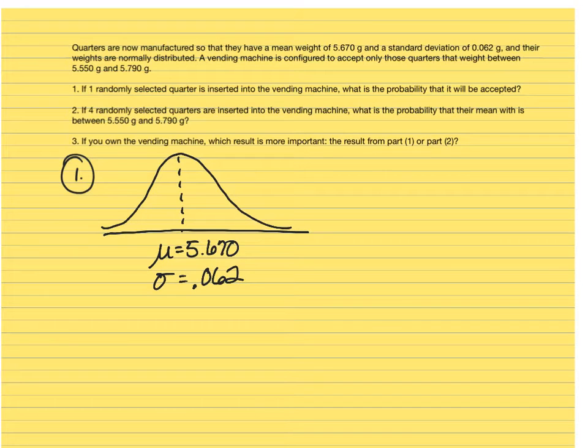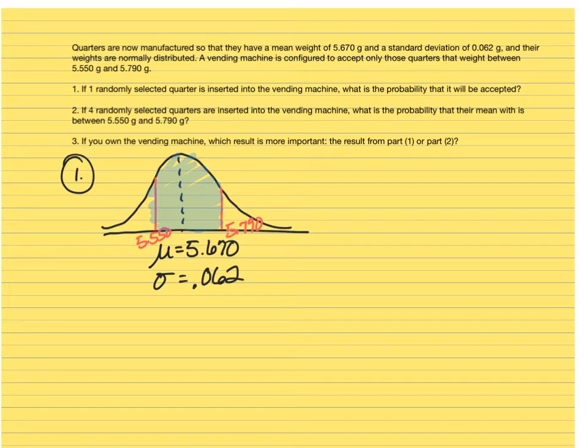Because if it's too high or too low, it's probably a fake quarter. So the first question is, if you choose one at random, what's the probability that it will be accepted? In other words, what's the probability that it will be between the low range, 5.550, and the high range, 5.790? Okay, so we want to find that area in between those two boundaries.